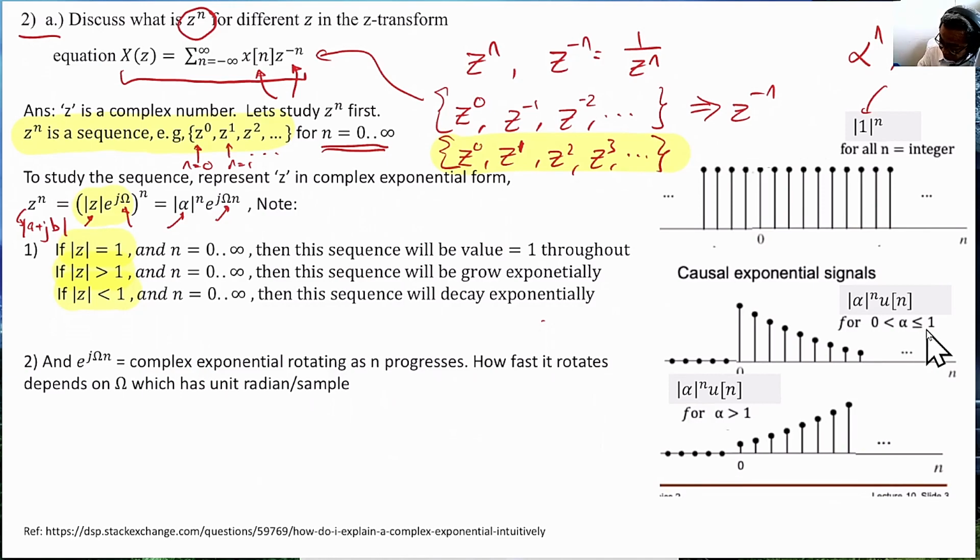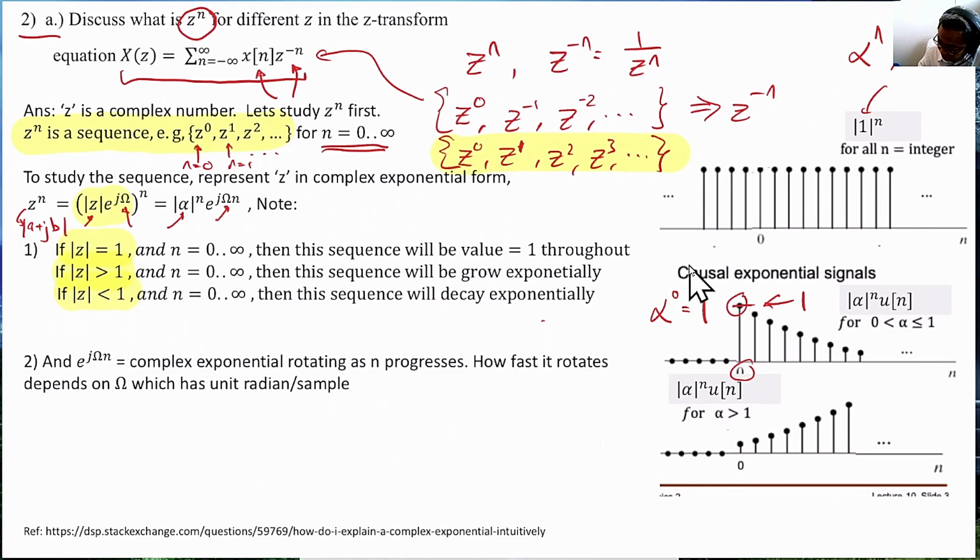Because magnitude can only be a positive number, it can only be between 0 and 1. Now, if it is 0, then the whole thing goes to 0. But if it is between 0 and 1, the first value is alpha to the power of 0. This is 1. So the height is 1 for the first term. But once alpha is less than 1, then of course this is a decaying exponential.